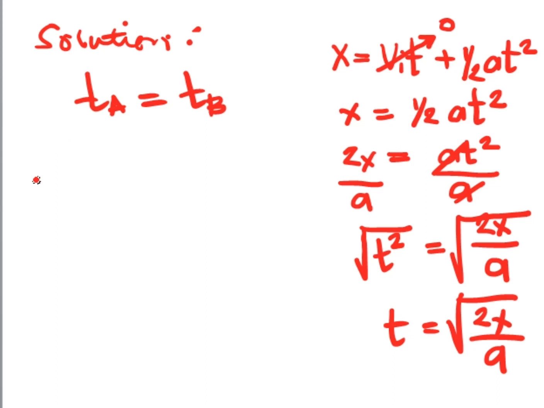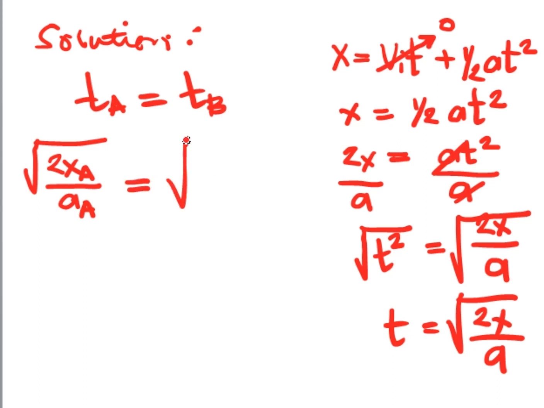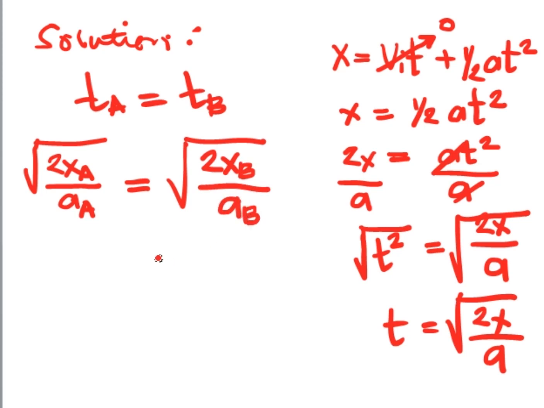So time A, we can have the square root of 2x_A all over the acceleration of car A, equal to the square root of 2 times the distance traveled by car B, 2x_B all over the acceleration of car B. So we can just cancel the radical sign. It will just be the same.